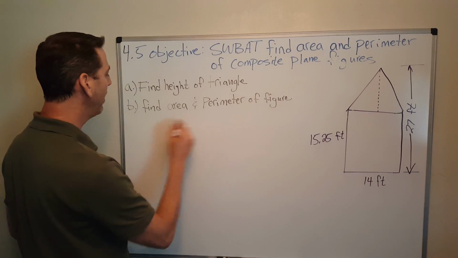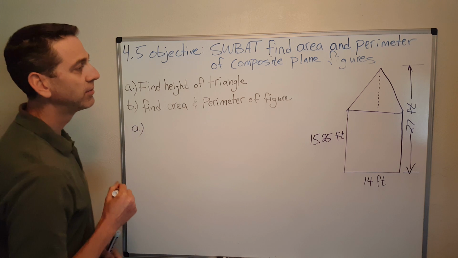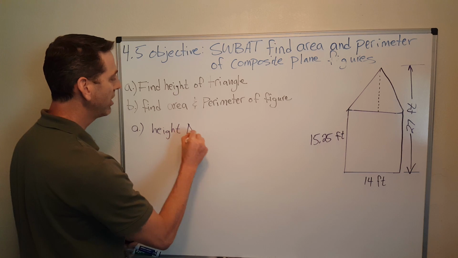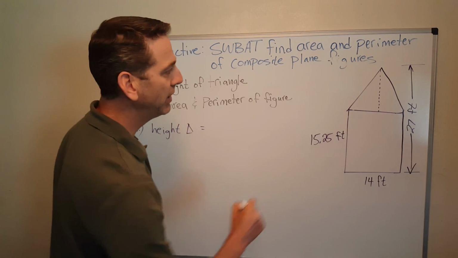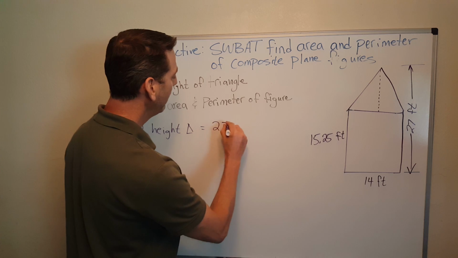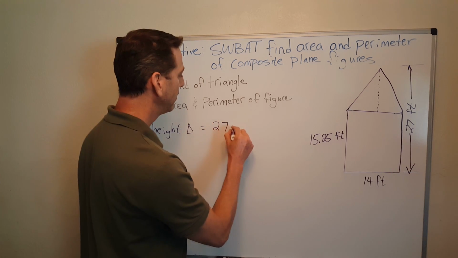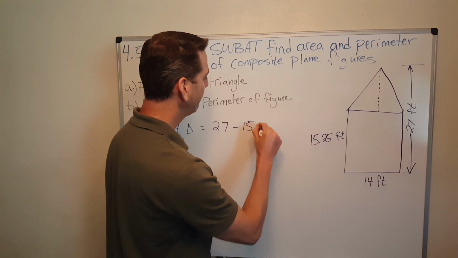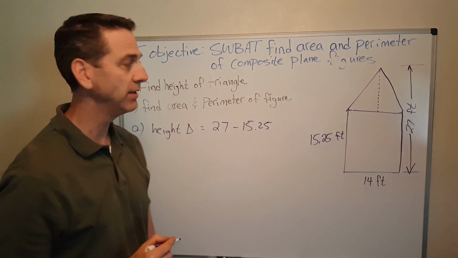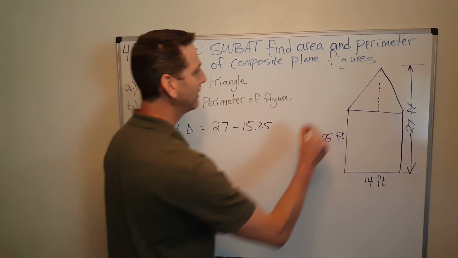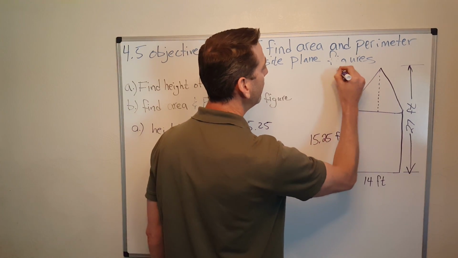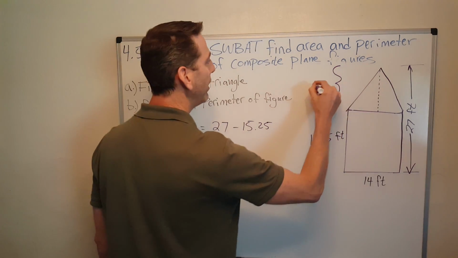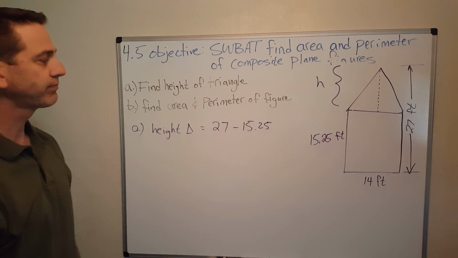So the height of the triangle is the total height, 27 feet, minus the height of the wall, 15.25 feet. We'll just call that H.